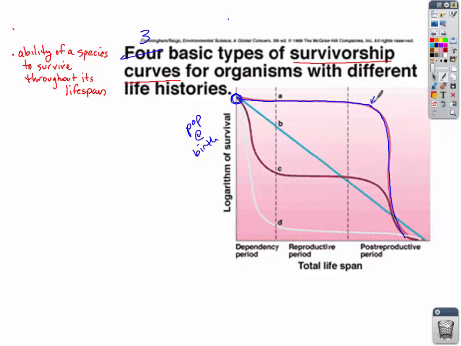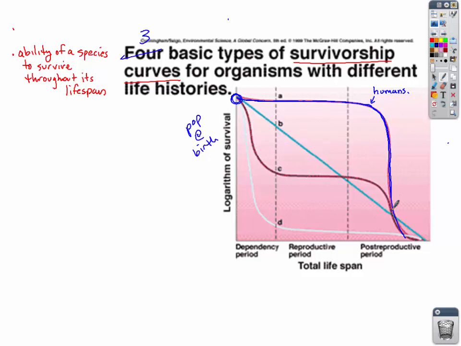So in this survivorship curve, most will survive at birth and throughout their lifespans. There's good quality of life, and then at some point later in life, they basically all die. An example is humans. If you think about humans, most of us survive at birth, and then we live a long life, and then in elderly years, we all pass away.